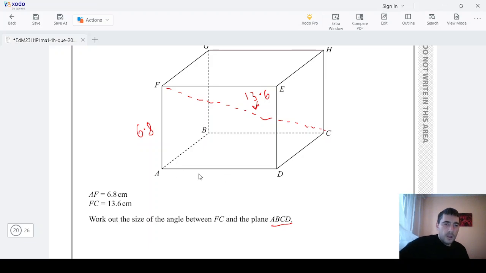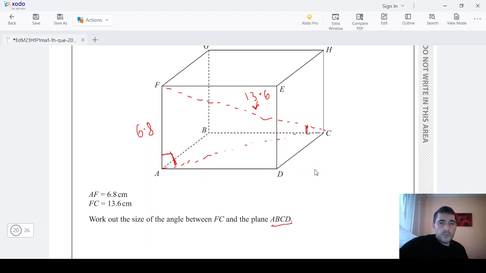So I need to draw another line, connecting A with C. That would be the angle we are looking for, between that rectangle and this line FC. It's a perpendicular situation, because FC is perpendicular not only to AB and AD, but to the whole plane. It's also perpendicular to AC.